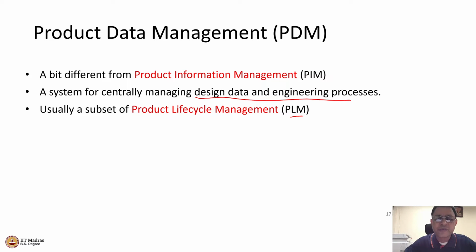Product lifecycle management is supposed to have all the data about the product. PDM gives PLM the engineering data, PIM gives PLM the customer facing data, and therefore the central repository of everything about the product is essentially PLM.